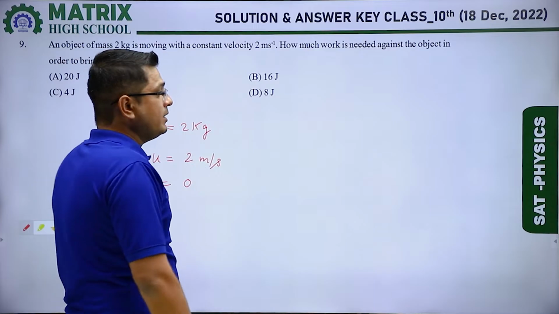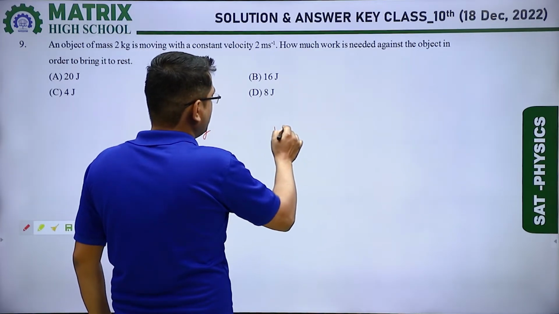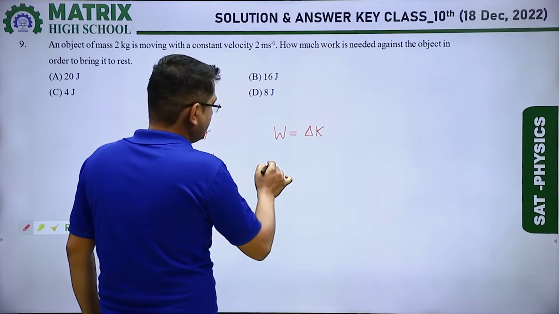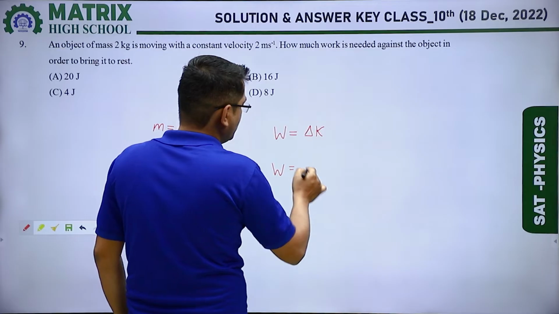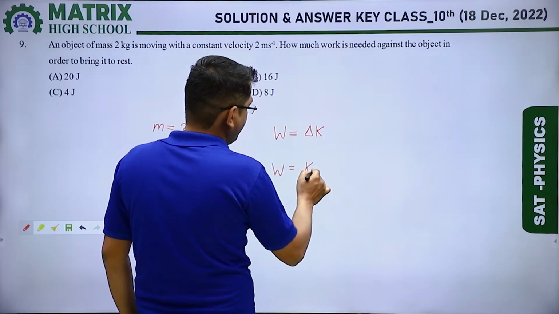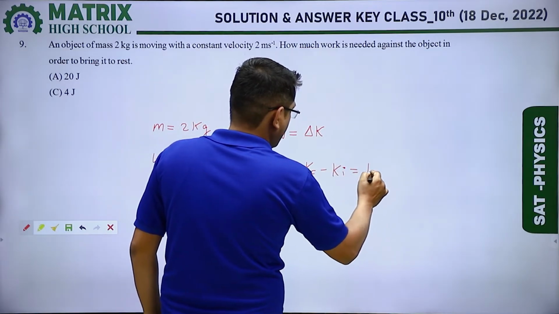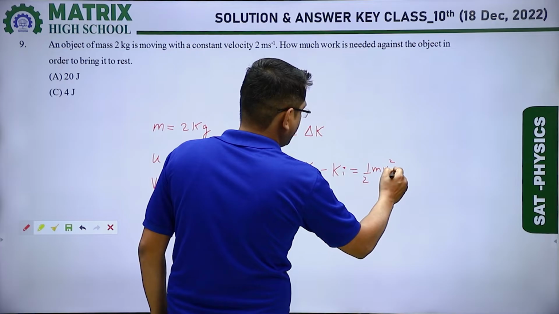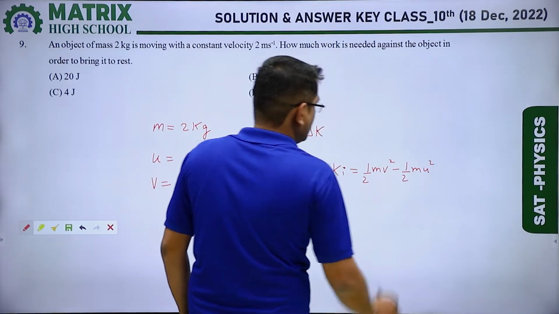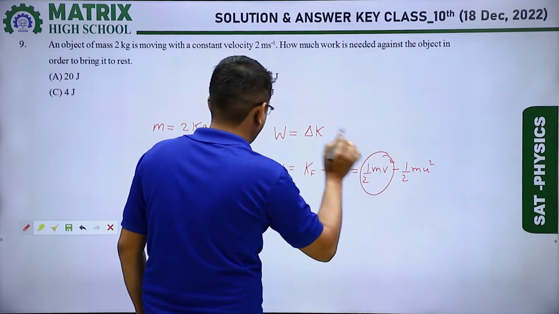By using the work energy theorem, it is said the net work done on any body is equal to the change in kinetic energy of the body, which can be written as W equal to K final minus K initial. So K final minus K initial can be written as half m v square minus half m u square. We can see this term will become 0 because the final velocity is 0.